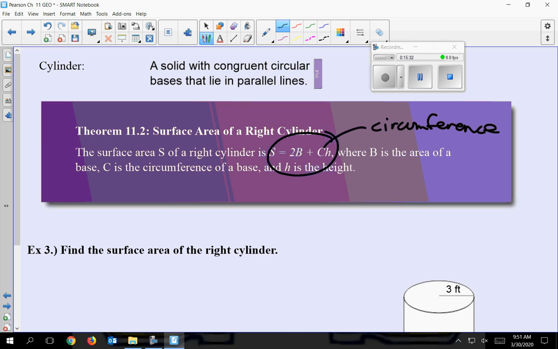So they're the same thing, except in this case, the base is a circle. So remember, the area of a circle is pi r squared. And C is the circumference of that same base. So remember, we use 2 pi r, or you could use diameter times pi. They're the same thing. But we're going to have to use these two now to get these figures, okay?